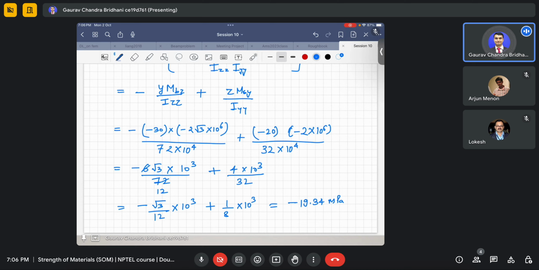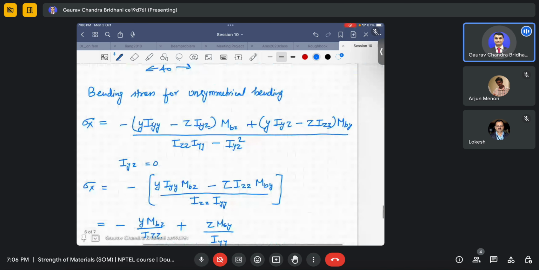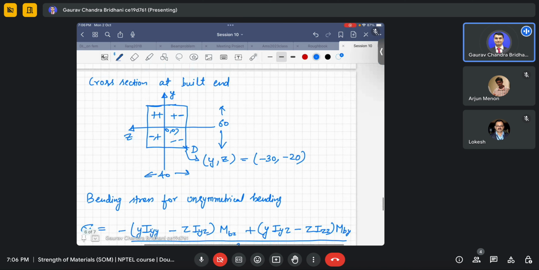Okay. So yeah, we can say that it is in compression, the point T. Okay, because it's coming out to be negative. So if similarly we would have found somewhere else, maybe this point or this point, we could have found that it would be some other value. Okay.